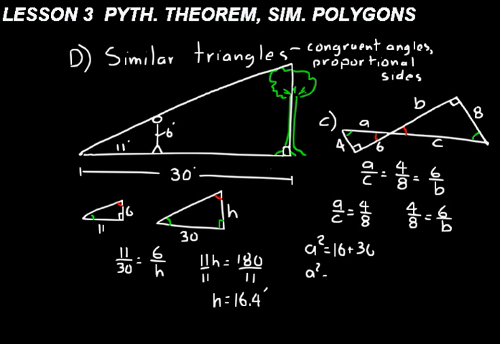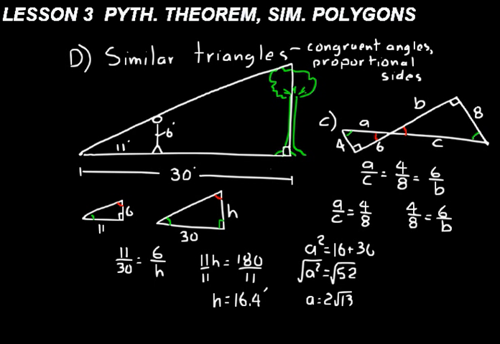So A squared is equal to 52. Take the square root of both sides, and I won't write this in decimal form right now. I'll just say that A is equal to, well, that'd be 4 times 13. We could factor out the 4 and get 2 times the square root of 13. There's my answer for A.